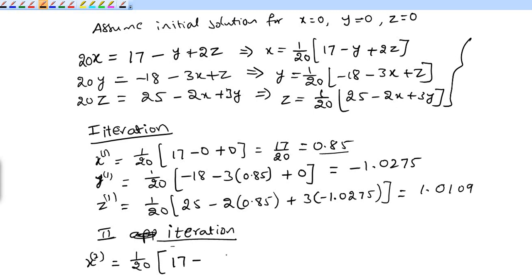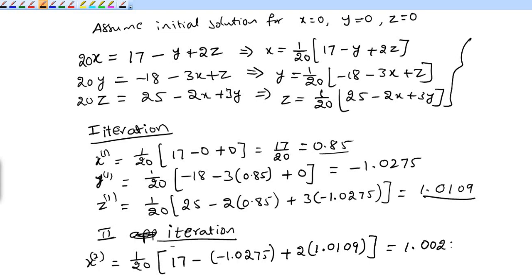Y means previous y value, is minus 1.0275 plus 2z. 2 into z. Z is this previous value 1.0109. Now if you simplify this, we get 1.0025.